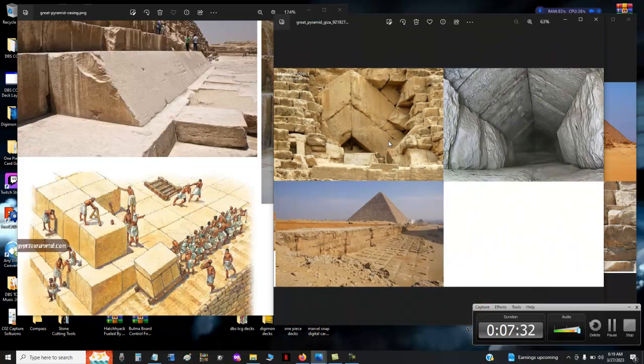Also a similar use for the King's Chamber, the Queen's Chamber. That way they didn't have to bring them back down. They just decided to use them as part of that construction, I guess.